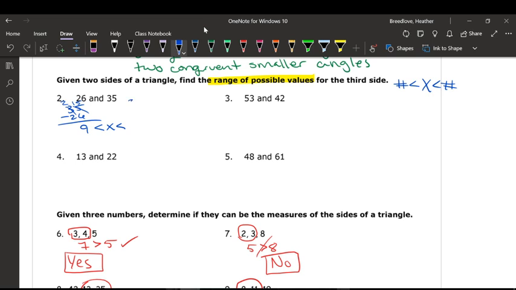So I have 35 plus 26. That makes 11. That's 5, 6, 61. So anything between 9 and 61 would work to make a triangle with 26 and 35. And that's the answer.